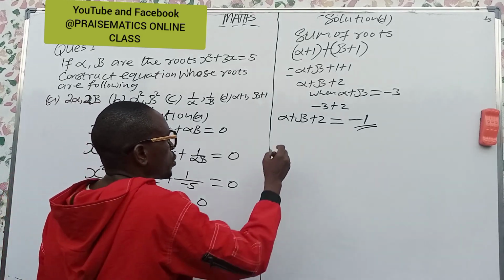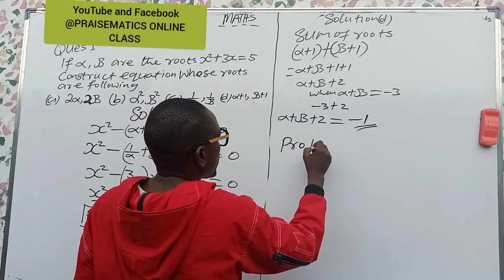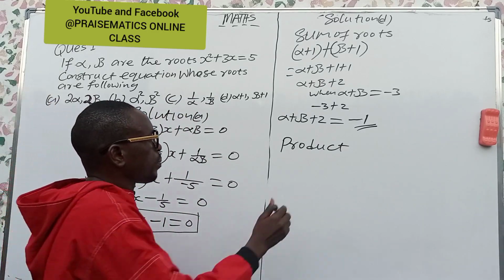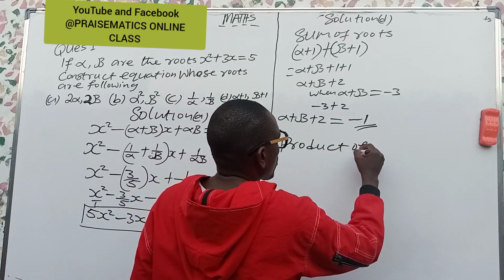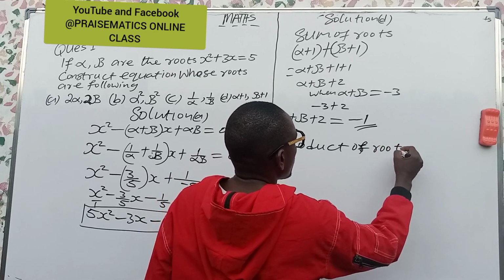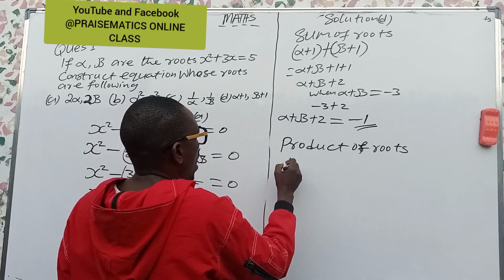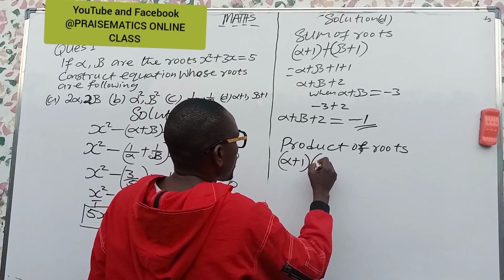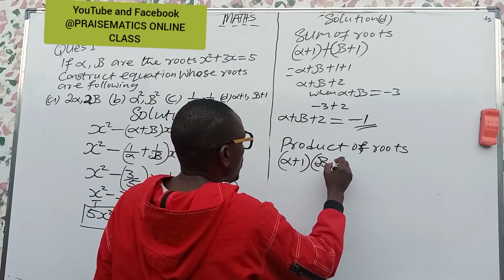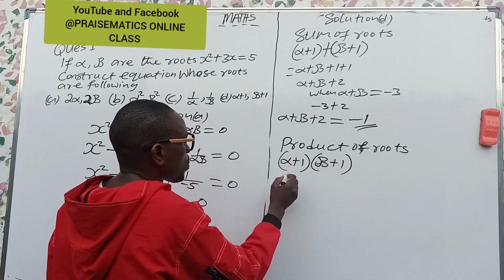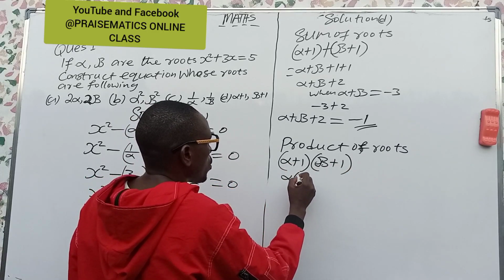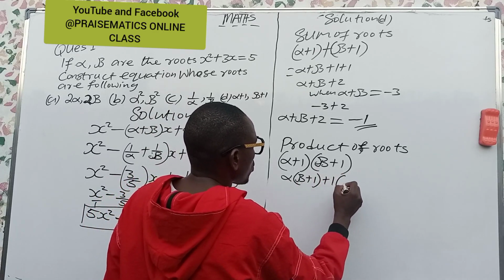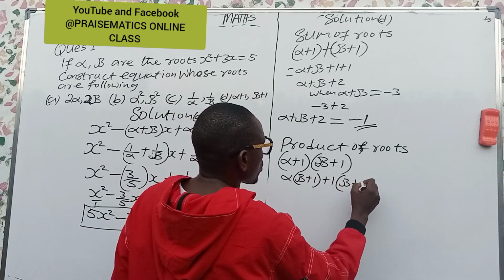So go to your product. The product of the roots will look like alpha plus 1 multiplied by beta plus 1. If you multiply, you have alpha into beta plus 1, plus 1 into alpha plus 1.